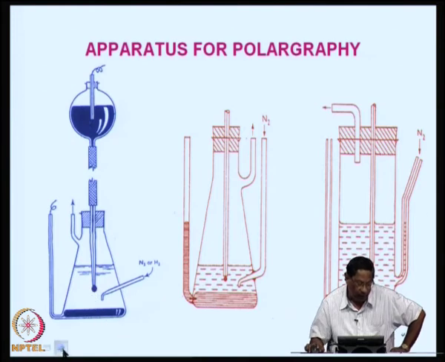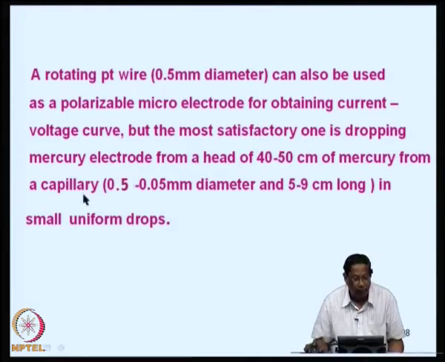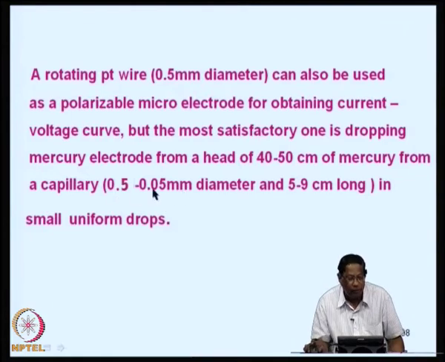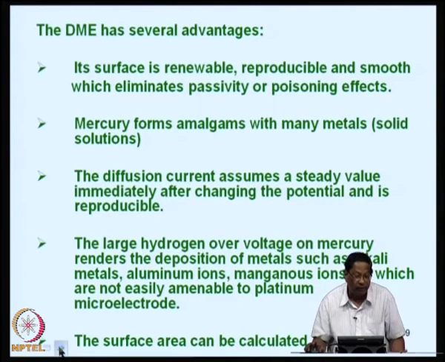That is why you should have a big head of 40 to 50 centimeter of mercury from a capillary, and usually the capillary size is 0.05 to 0.5 diameter and about 5 to 9 centimeter long. Mercury should be dropping in small droplets.